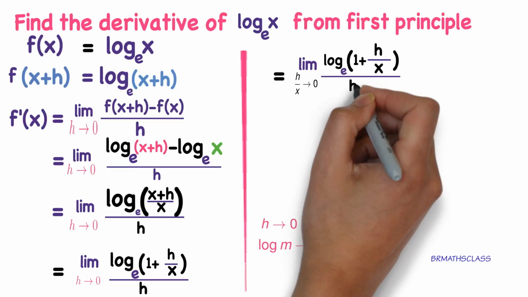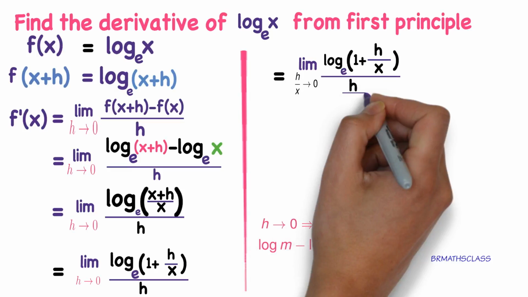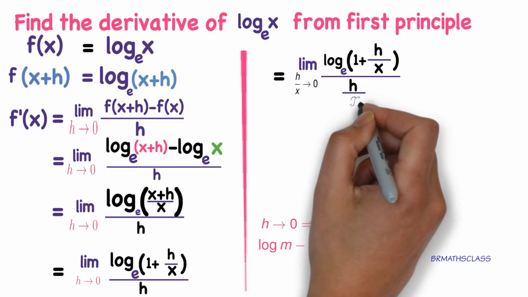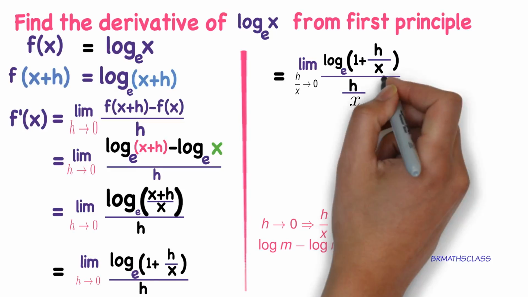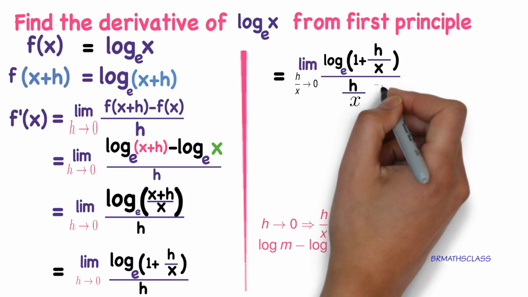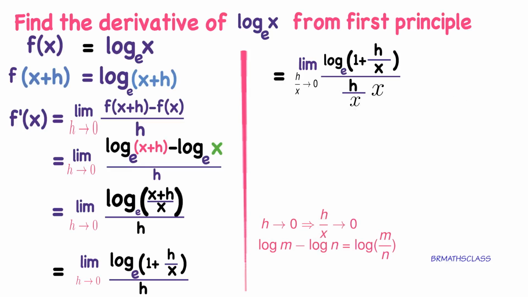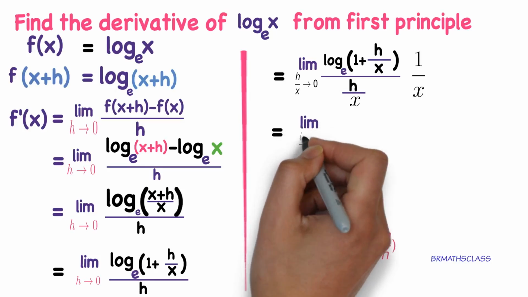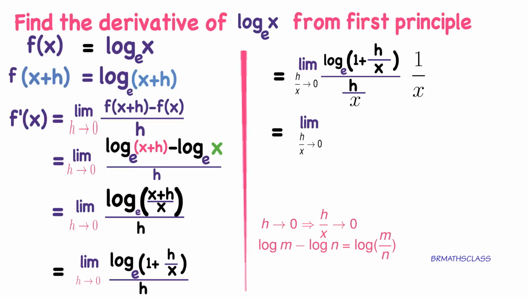Now you observe in the denominator, I am multiplying and dividing with x. If this x gets cancelled, again you will get the previous step. Now this x can be written as into 1 divided by x. Now we know the formula: limit x tends to a of f of x into g of x equals limit x tends to a of f of x into limit x tends to a of g of x.